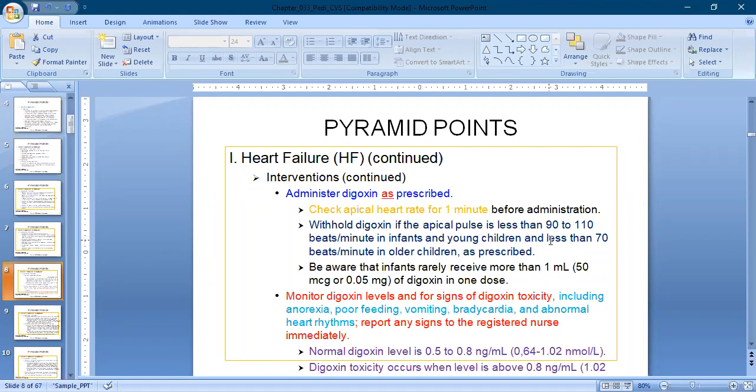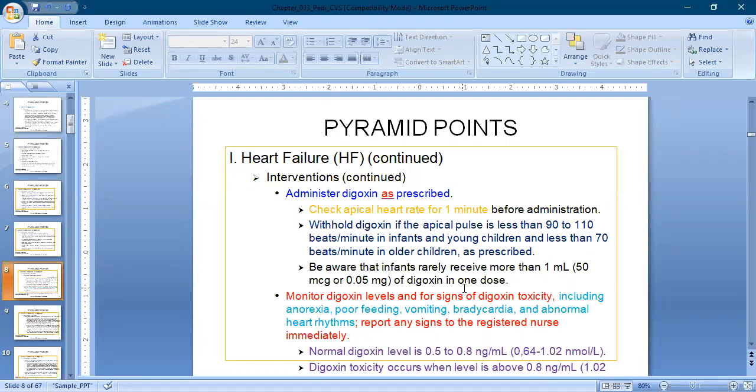If we get less than 70 beats per minute in older children, we should hold the digoxin and talk to the healthcare provider. In the case of an adult, if we get a pulse rate less than 60 beats, we have to hold the digoxin, right? Also be aware that an infant rarely receives more than 1 ml of digoxin in one dose.